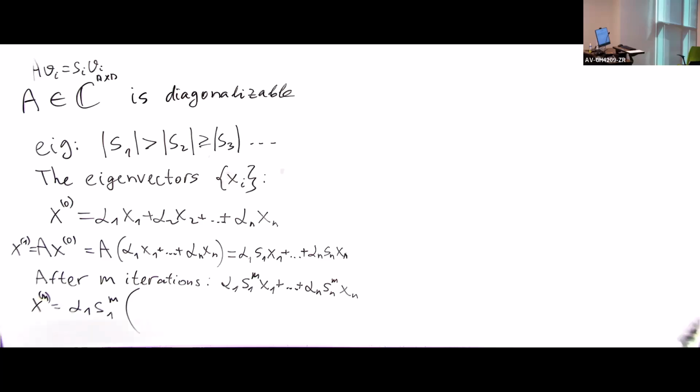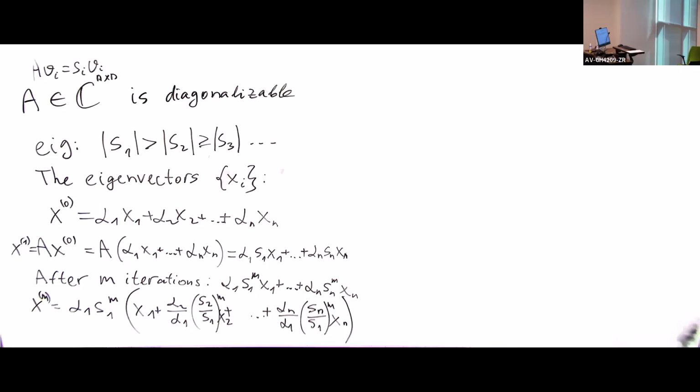Then what you'll have in the parentheses is x1 plus alpha 2 divided by alpha 1, S2 divided by S1 to the power of m, plus and so on, plus alpha n divided by alpha 1, Sn divided by S1 to the power of m, multiplied by x2, and so on. Something like that.